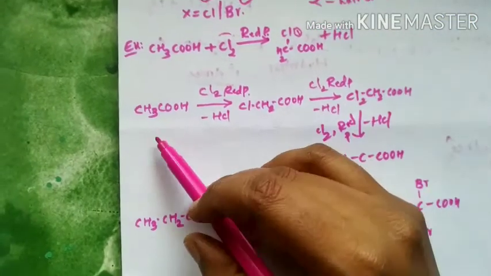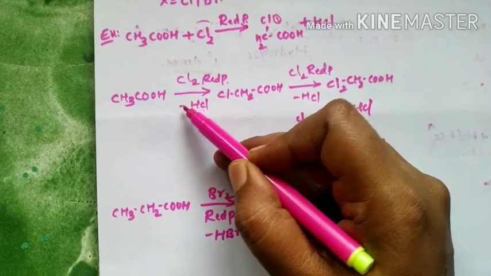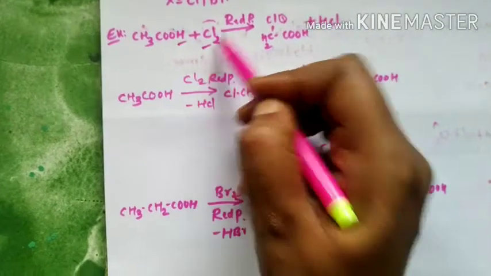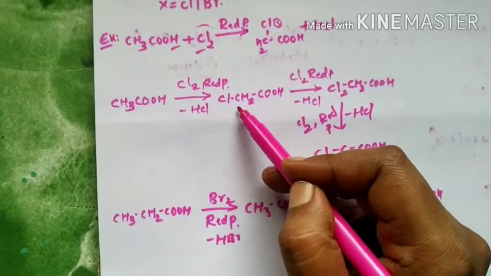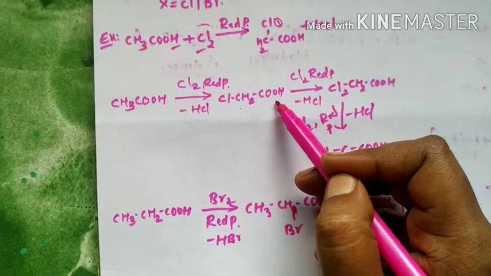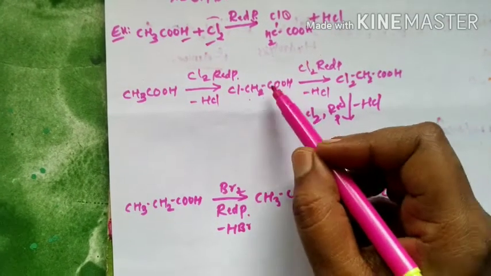That is, if acetic acid is first treated with chlorine in the presence of red phosphorus, there is a removal of HCl, and it forms ClCH2COOH, monochloroacetic acid.